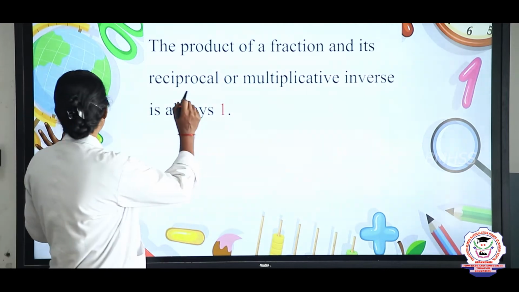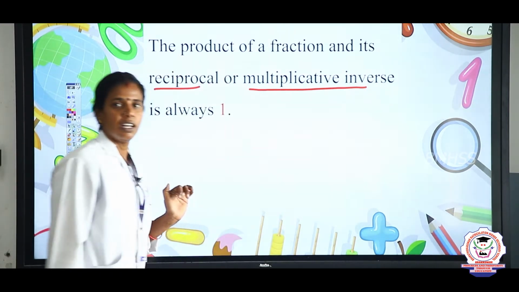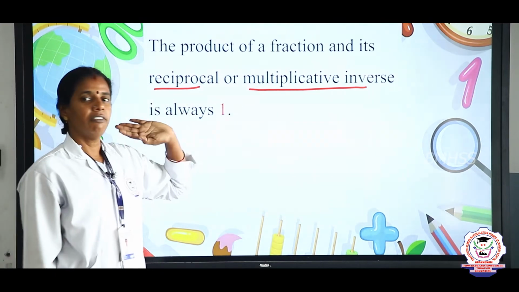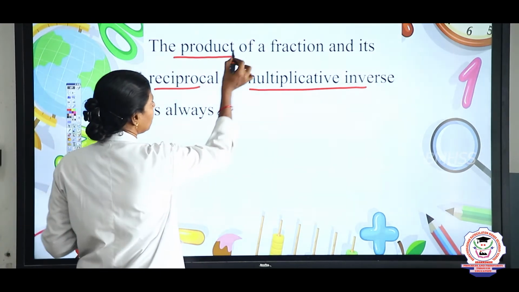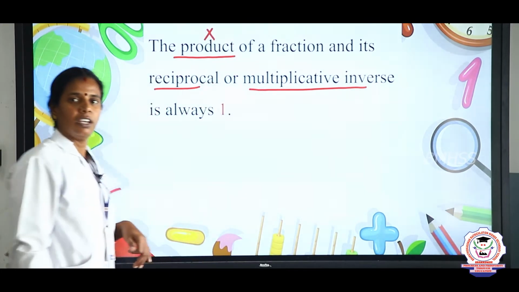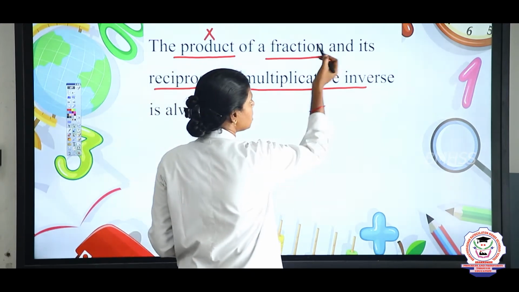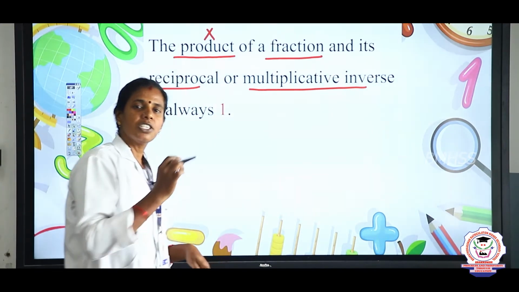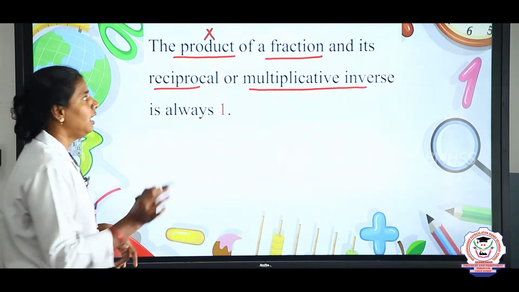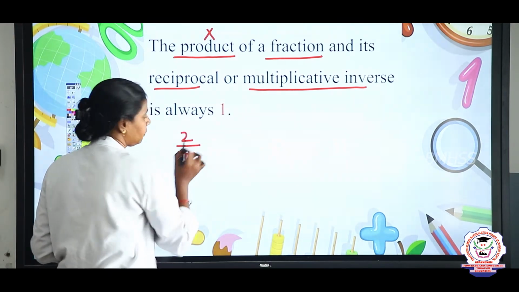And using this we are going to see the product of a fraction and its reciprocal. See, here they have mentioned reciprocal or multiplicative inverse, so the other name has also been given here. What is the meaning of product? Product means multiplication, right? Product of a fraction and its reciprocal. For a fraction we can take any example. Let us consider this fraction as 2 by 5.